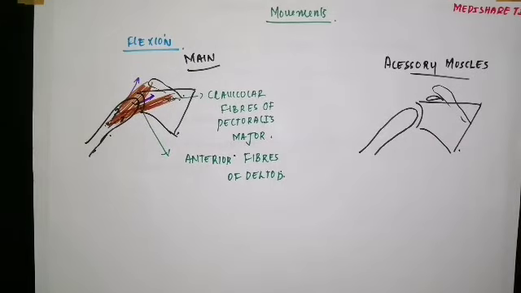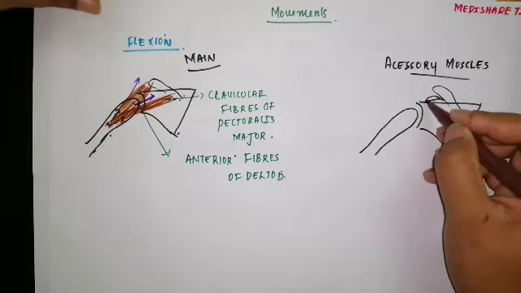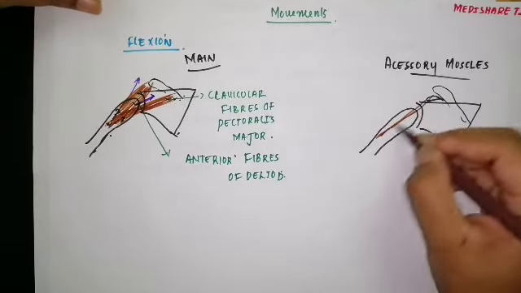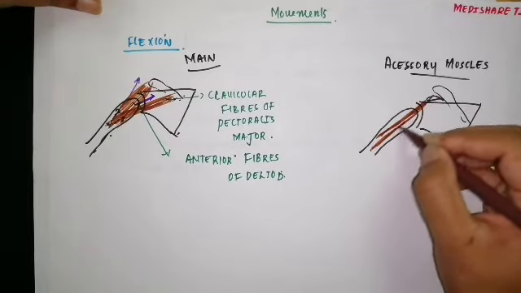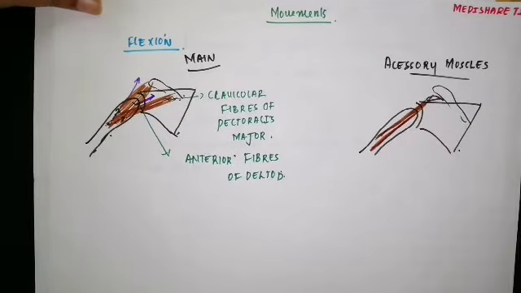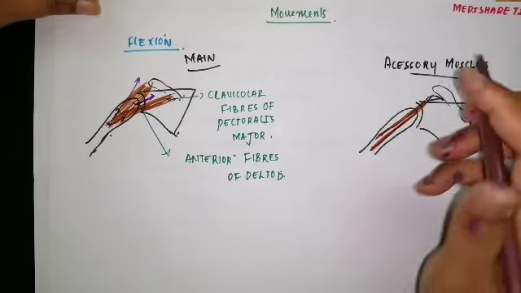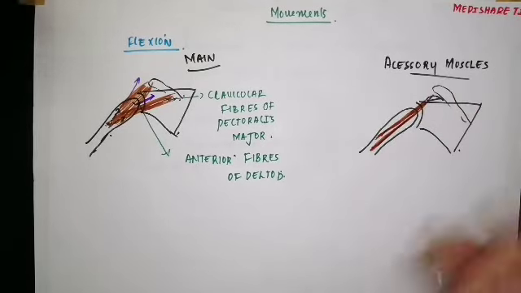Muscles which are arising from the coracoid process: coracobrachialis muscle and the short head of biceps. And there is another muscle, which is the sternocostal fibers of the pectoralis major.